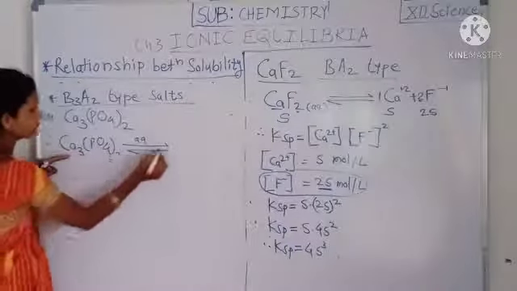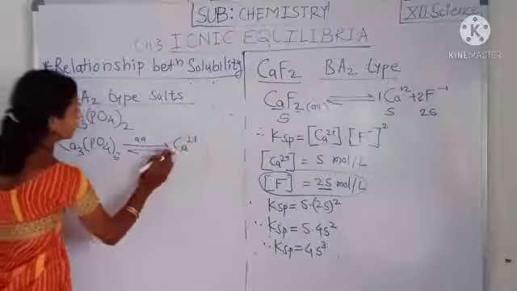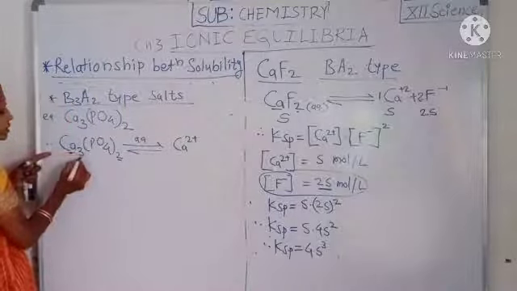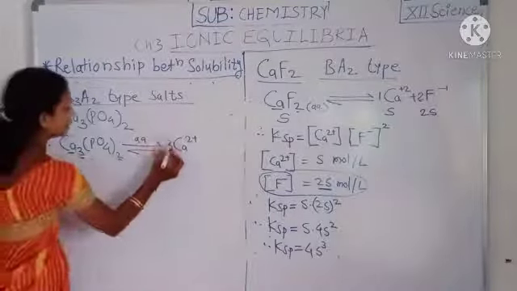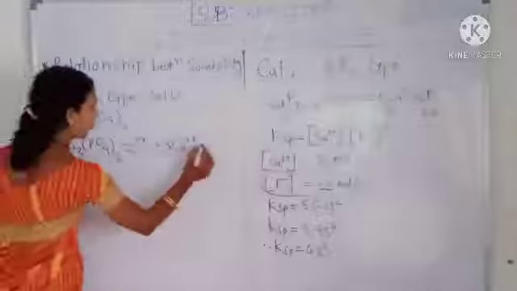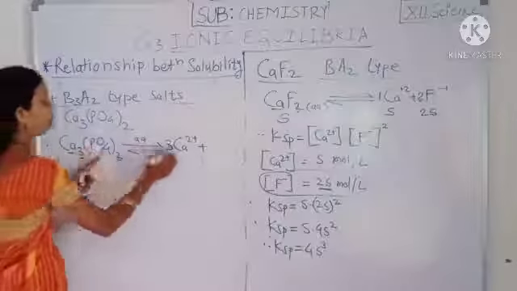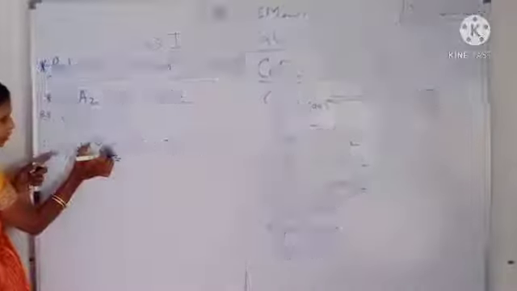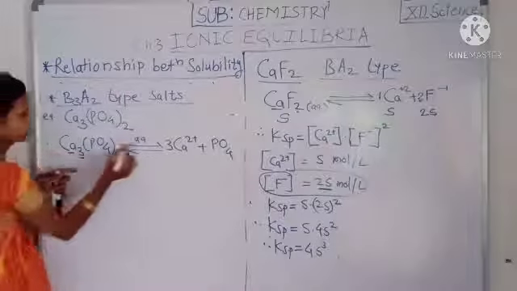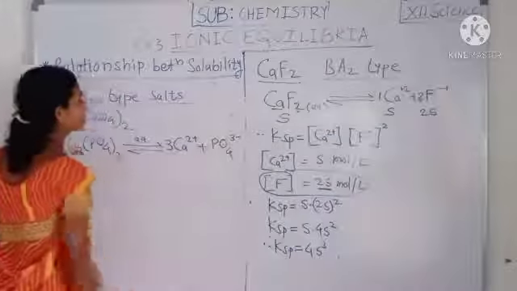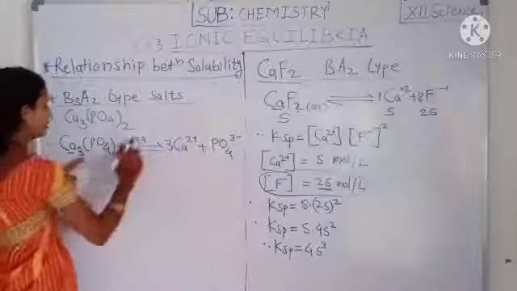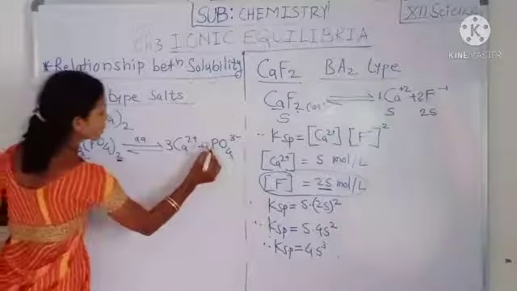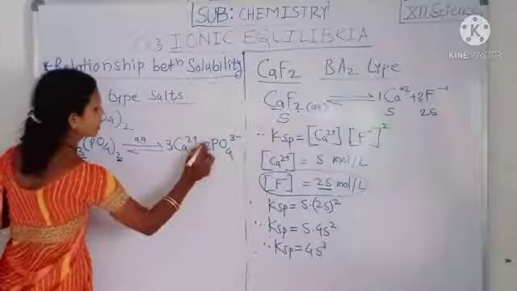Ca3(PO4)2 gives Ca2+ ions, and the total number of Ca2+ ions formed here is 3. Plus PO4: the PO4 radical has a 3 minus charge, and the total PO4 3- ions formed is 2.